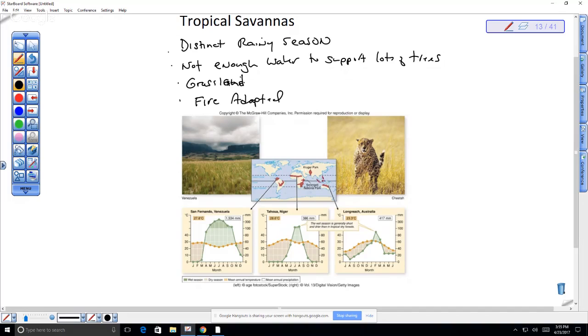And grass is interesting because unlike herbaceous plants, it grows from the base up. So grass can withstand nibbling, whereas other plants that grow from the tip cannot withstand frequent nibbling. And grasses are also more prone to fire because they can burn to the ground and then come back from the roots. And so this is important for that ecosystem.